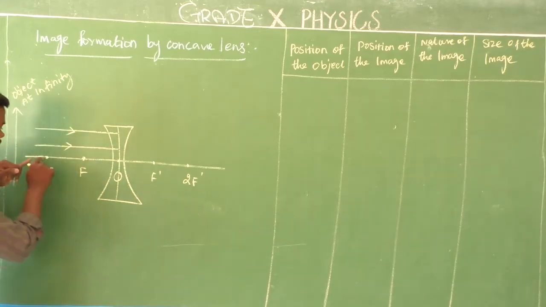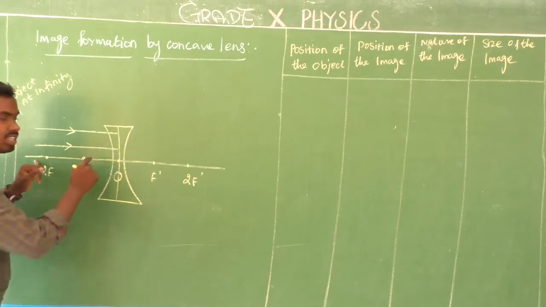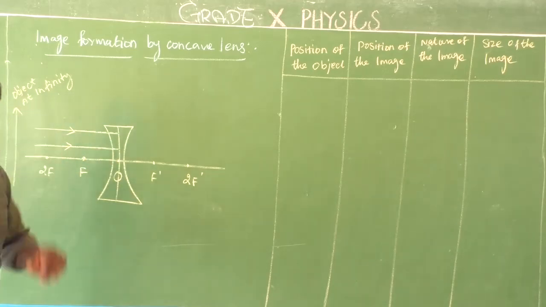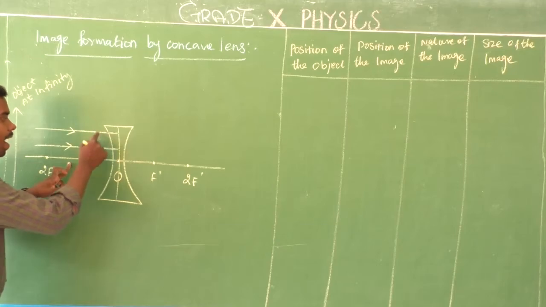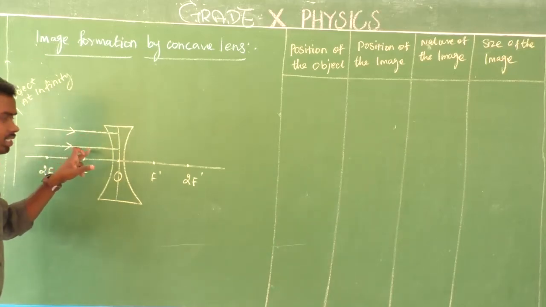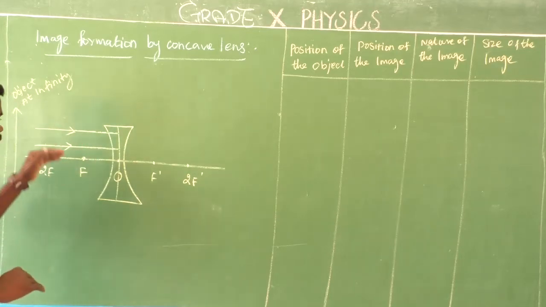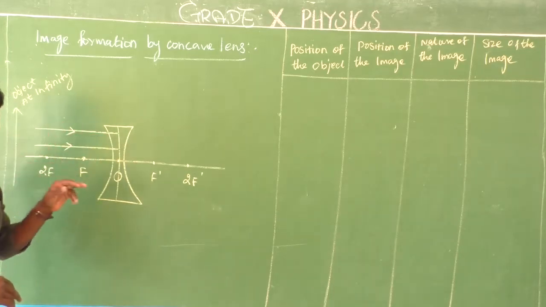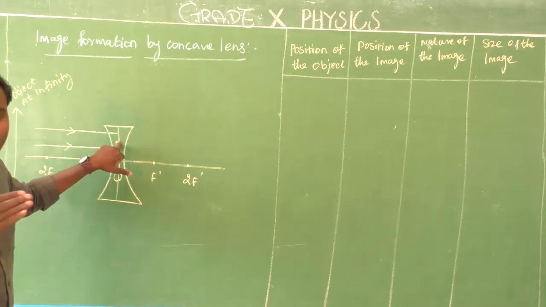This is the principal axis, and both are light rays coming from an object placed at infinity. So both are parallel to the principal axis as well as parallel to each other. This ray of light is parallel to that one. Is it clear? Yes. So these two rays of light fall on the surface of the concave lens.